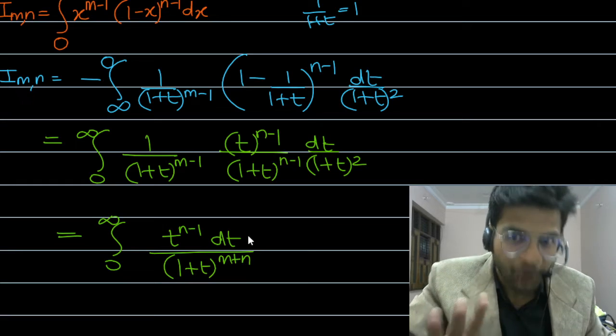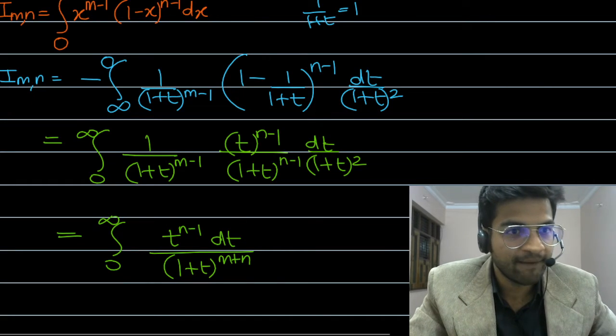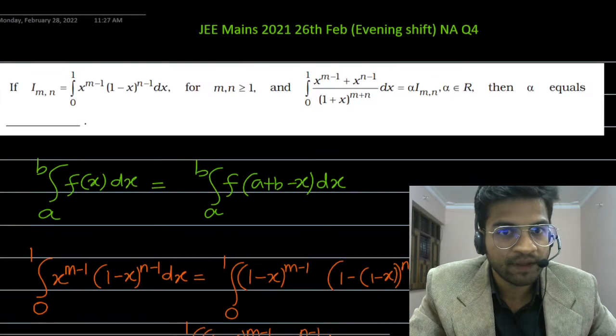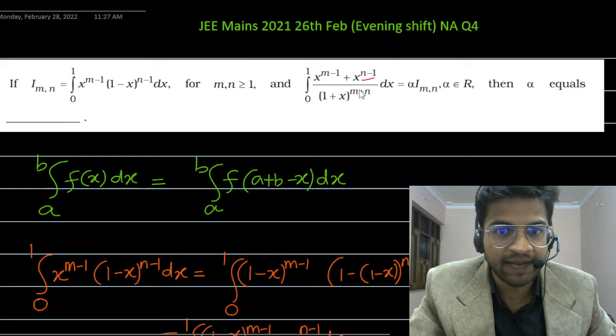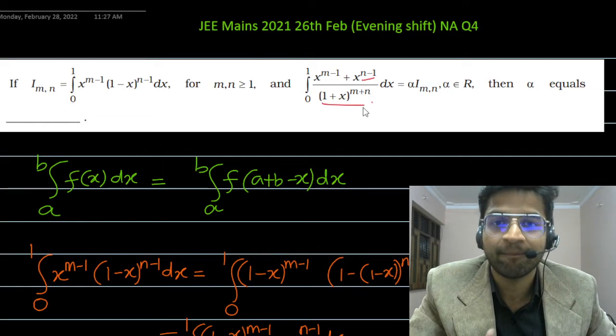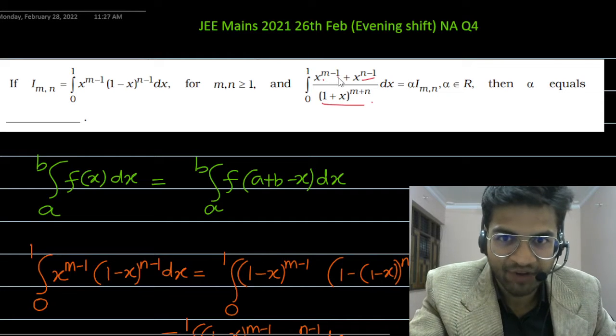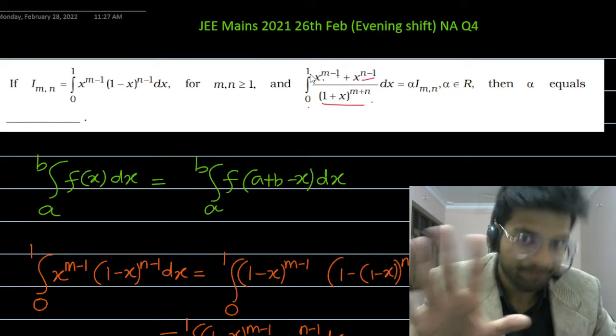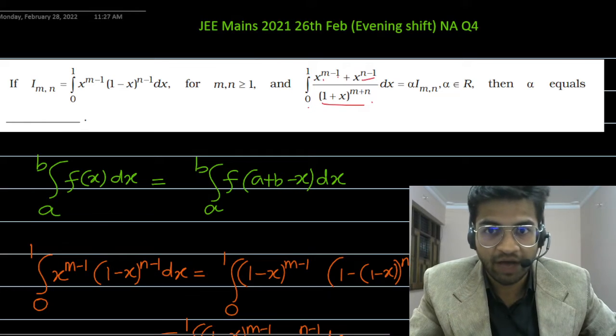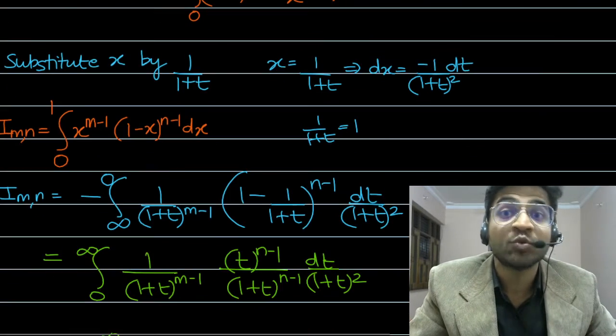Now just look at the required expression: x to the power n minus 1 by 1 plus x to the power m plus n. Also, we have x to the power m minus 1 as well, and the limits are 0 to 1. These things we also need to consider.